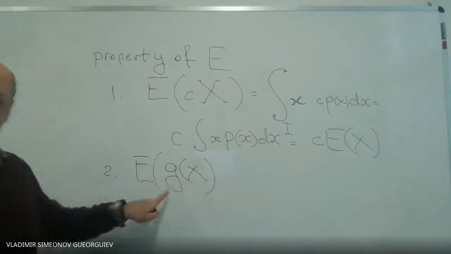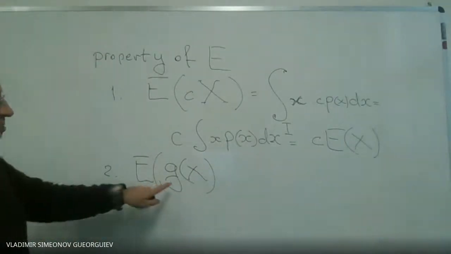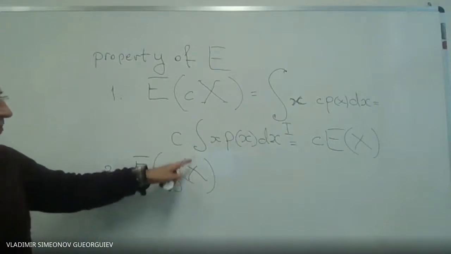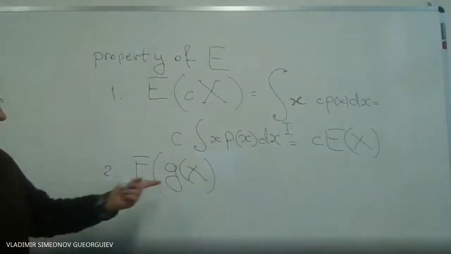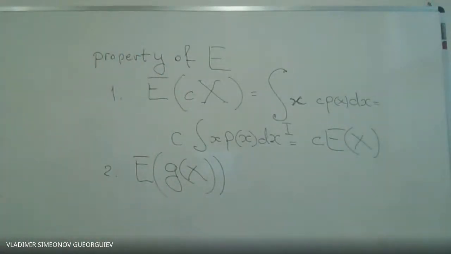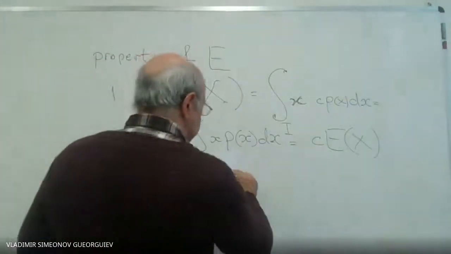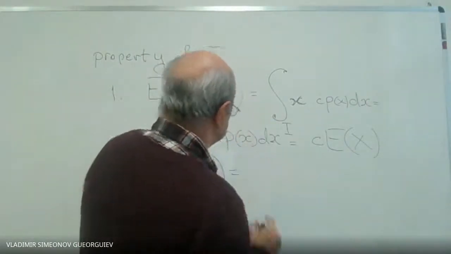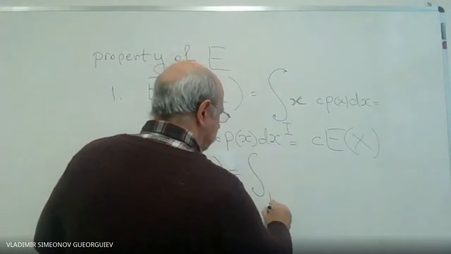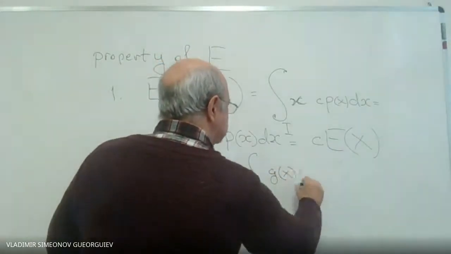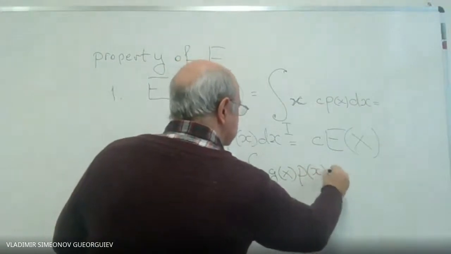For example, g of x can be x squared, or x to the power 3, or x to the power 3 plus x to the power 2. What is the expectation of a function of our random variable? This is simply, you take, in this case, let us write the integral over I, and here we have g(x) p(x) dx.